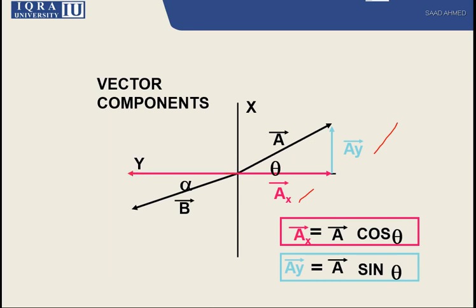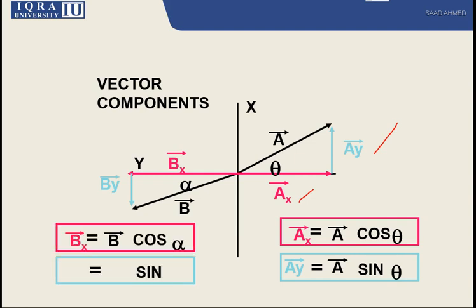On the other side, you can see the vector B is drawn in the opposite direction, and Bx and By are the x and y components, and you can use the formulas here. Bx is equal to B cos alpha and By is equal to B sine alpha.